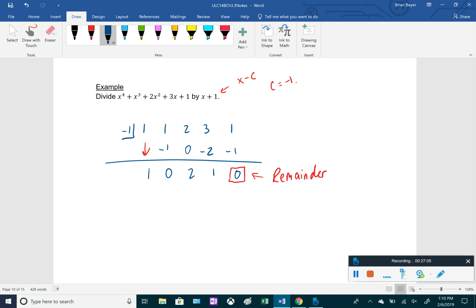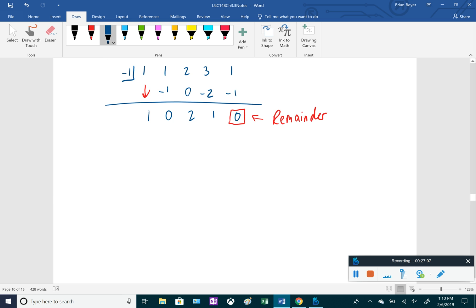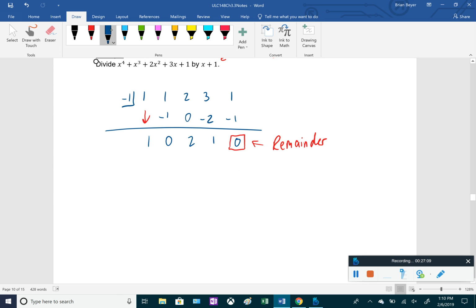So let's set up our answer. In the division algorithm, it's going to be x to the 4th plus x cubed plus 2x squared plus 3x plus 1. We divided that by x plus 1. So our quotient is going to be degree 3, one less than the dividend again.